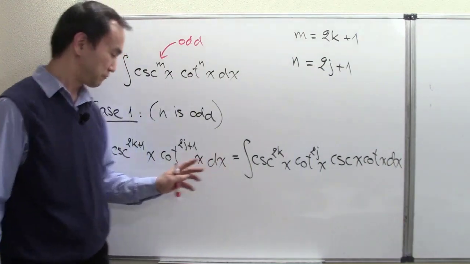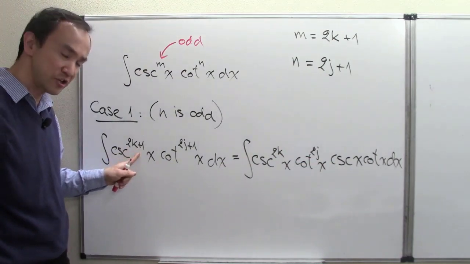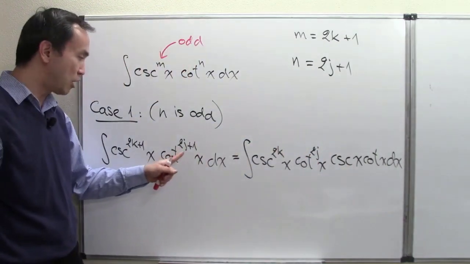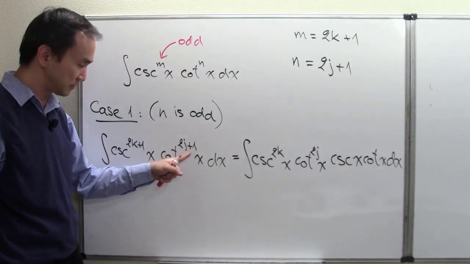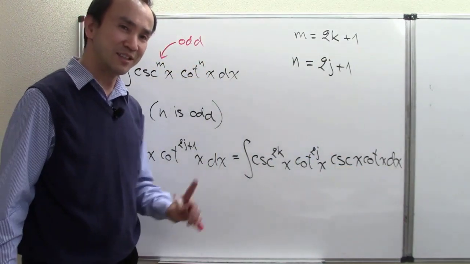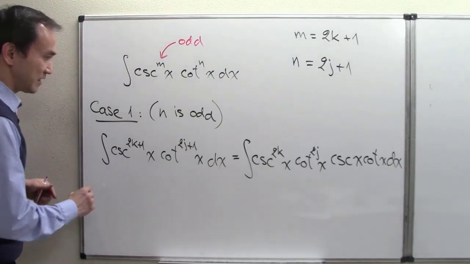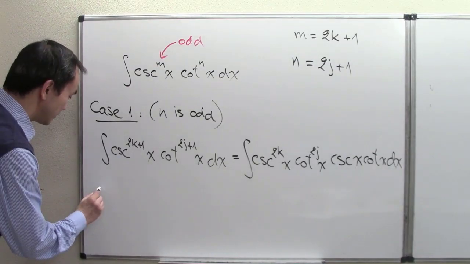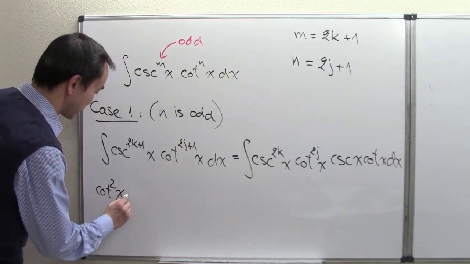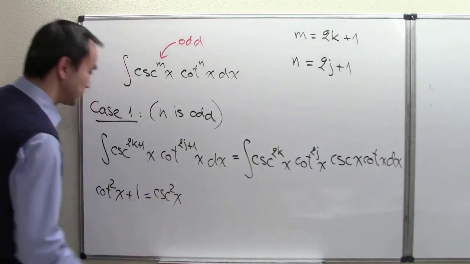So I have separated out one factor, taking advantage of that odd nature. I separated out one factor of the cosecant, and I also took out one extra factor of the cotangent. At this point, we have an identity that cotangent squared plus 1 equals cosecant squared of x.